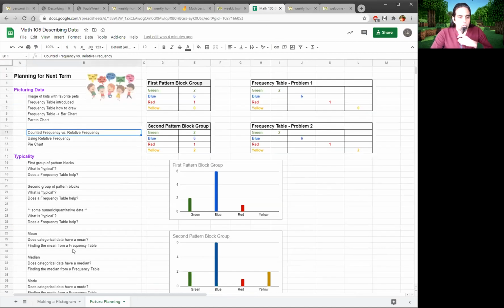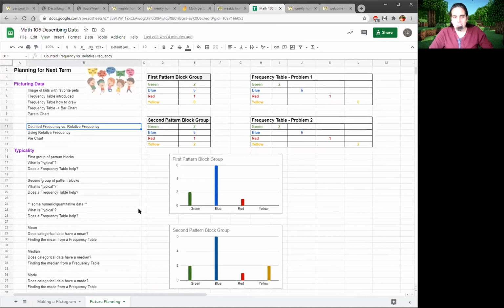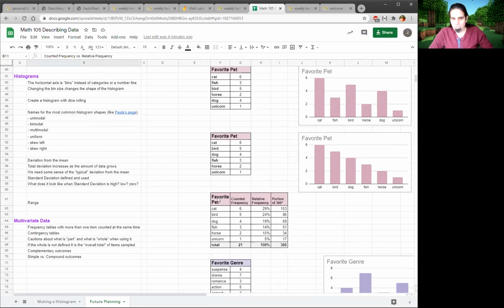Then we should talk very much more intentionally, and I think earlier, about counting the frequency versus relative frequency. So that's this chart here, that when we just counted it, that was all fine and dandy. The relative frequency is what percent of the whole is each of these categories.